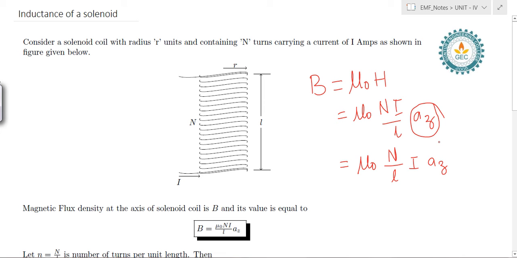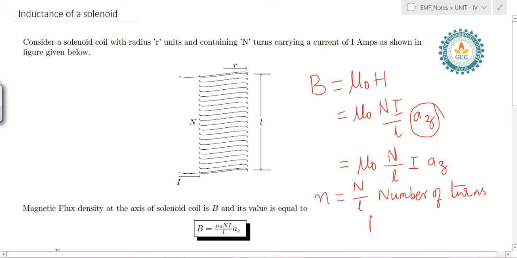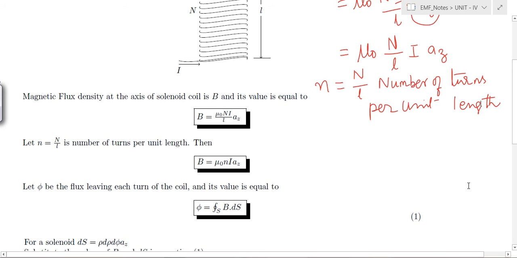Now here we take N by L, which is nothing but the number of turns per unit length, as small n. So that B is equal to mu naught small n into I a_z.